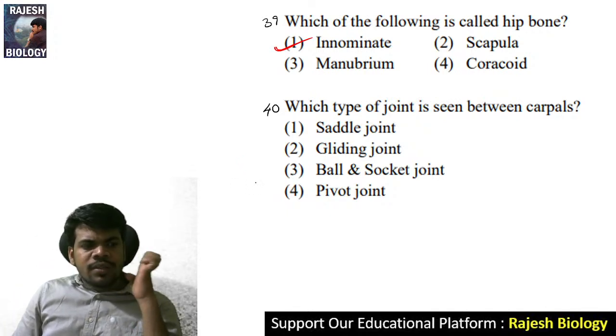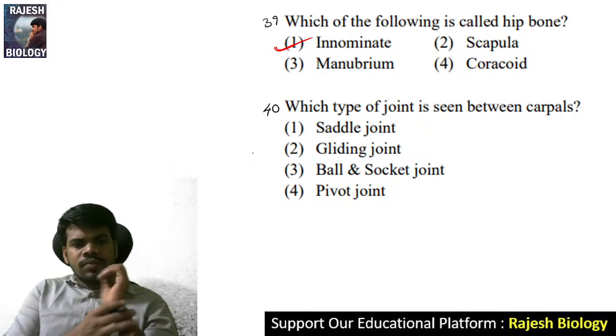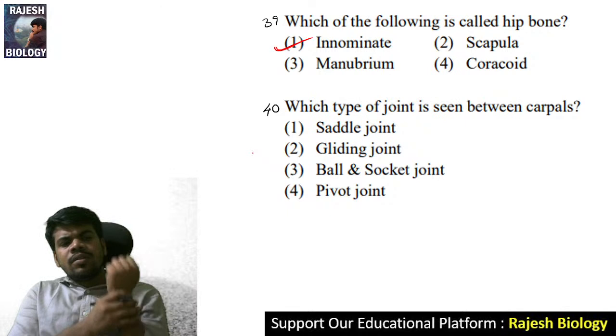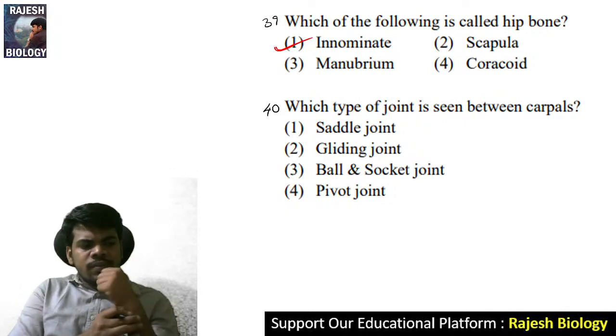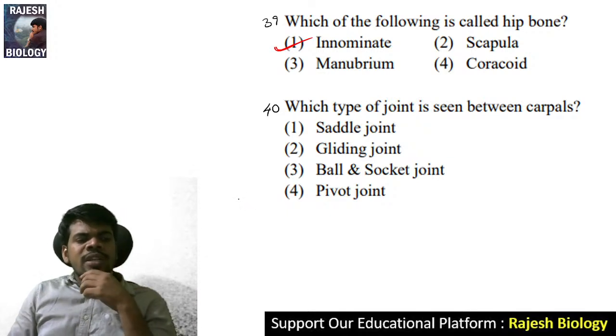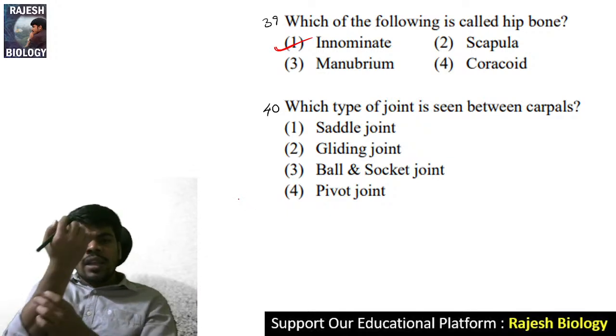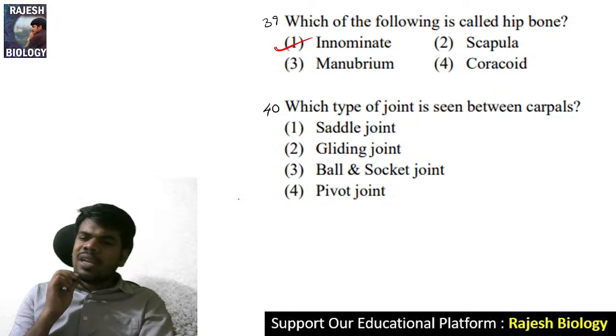Between the carpals. Here the carpals are there, wrist bones. It is not pivot, Jnaneshwari. Pivot joint is present in between the radius and ulna, and in between the atlas and axis, our neck, that is pivot.